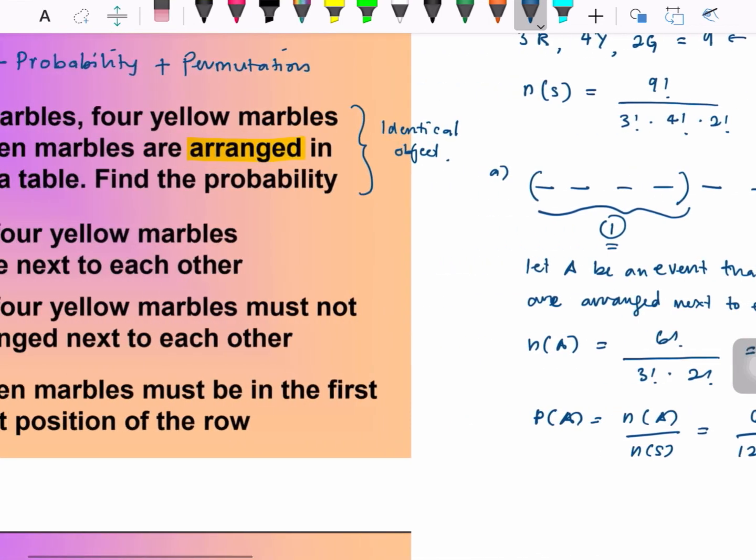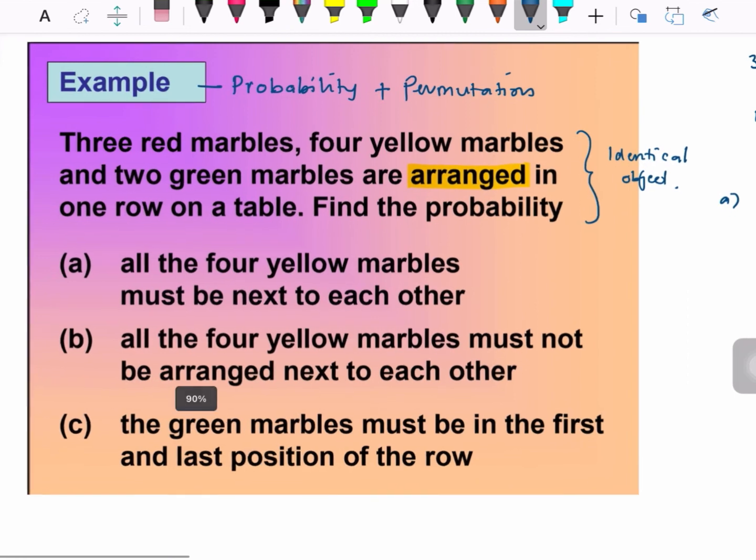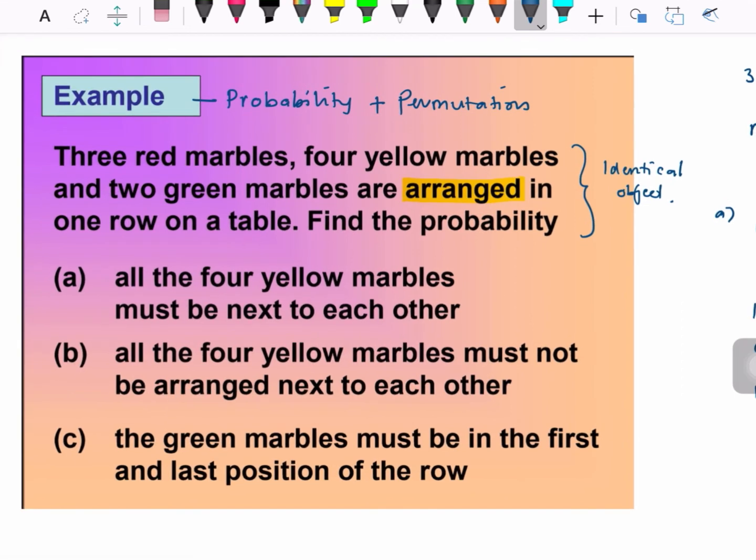Then we move to the next part, which is B. Now we would like to find the probability that all the 4 yellow marbles must not be arranged next to each other. If you see these words, the 4 yellow marbles must not be arranged next to each other, this is actually the complement of event A that we just declared.